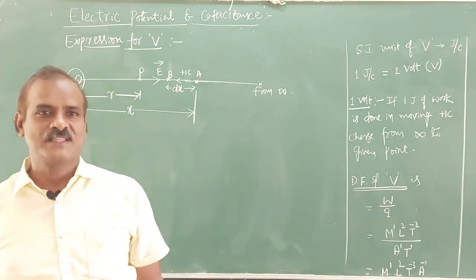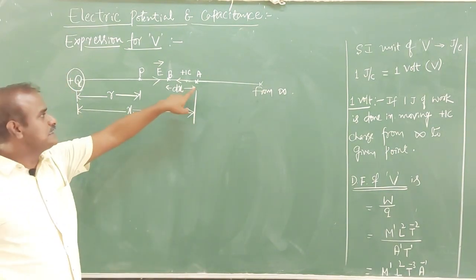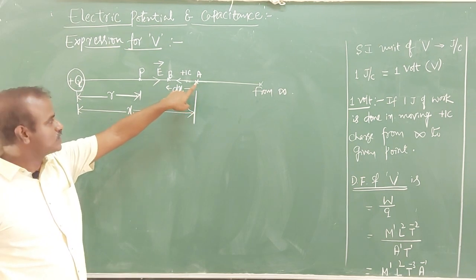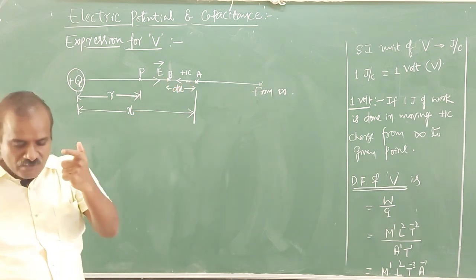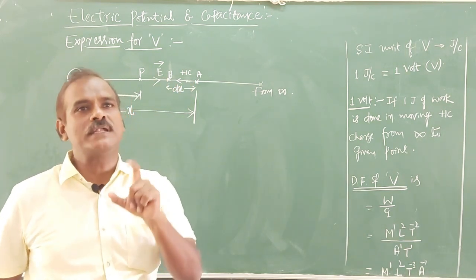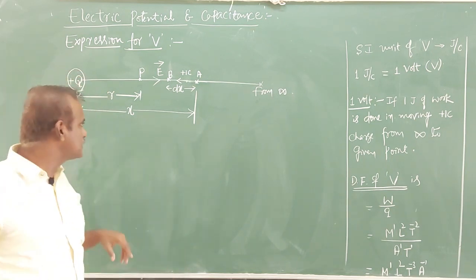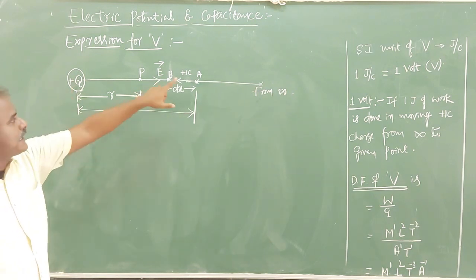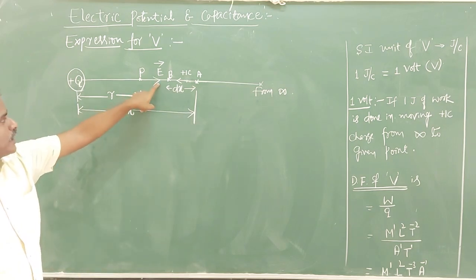Same steps we follow. First, how much is the work done in moving a charge from A to B? A and B are two points which are very, very close, a small distance. Therefore obviously you have to do small work. For that, I have written point A at distance x from Q, where the electric field intensity is E. Direction shown.